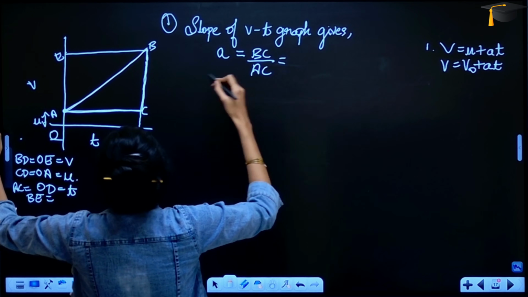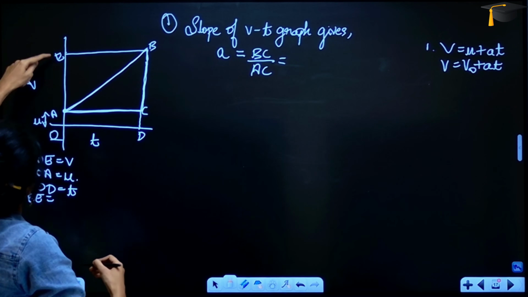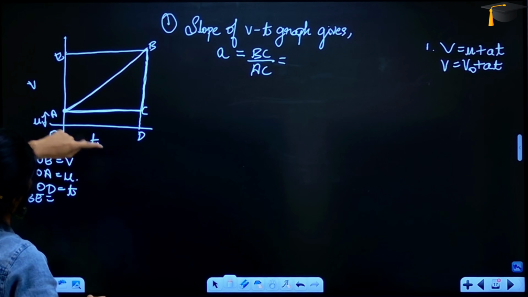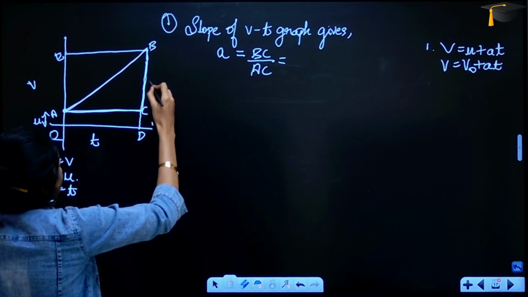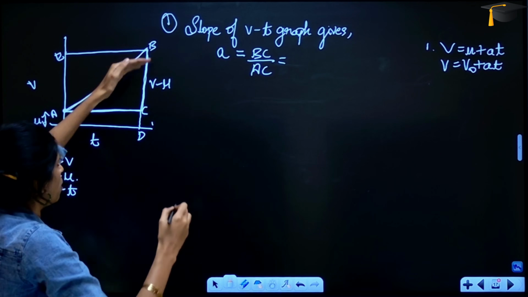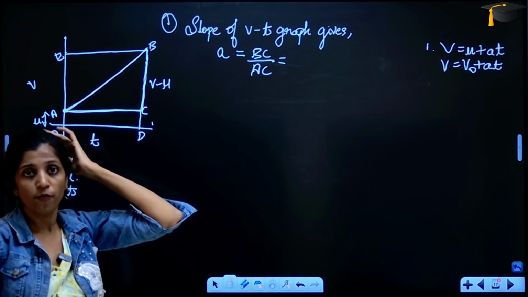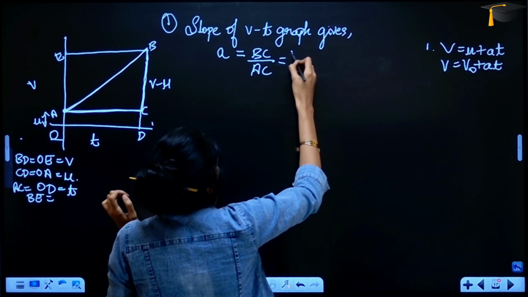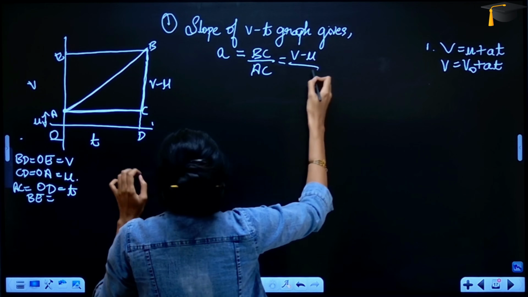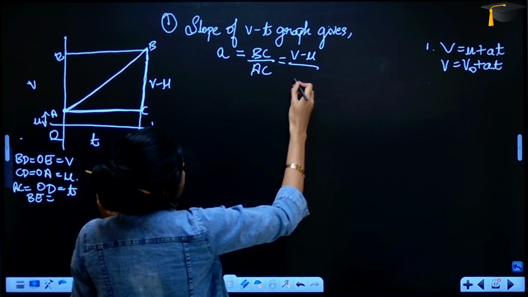So what do we have for BC here? If OE is V and OA is U, can we say BC is V minus U? Because this complete thing is V and this is U. Therefore, this remaining part will be V minus U. So BC is V minus U and AC is time.